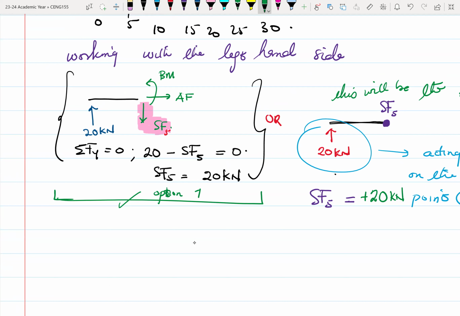And from experience, once these are our sign conventions, whatever I wrote up earlier, it means that when I'm dealing with the left-hand side, my unknown shear force would always act downwards, regardless of whatever forces I have on that left-hand side. Okay.